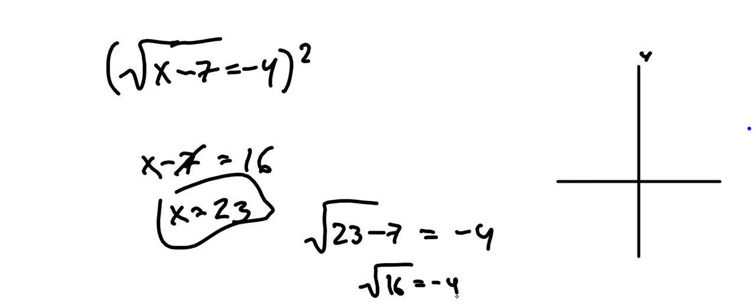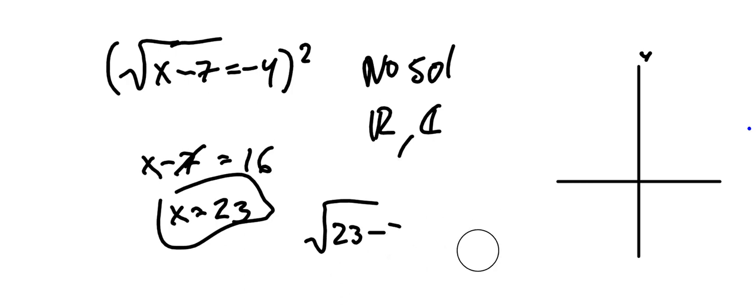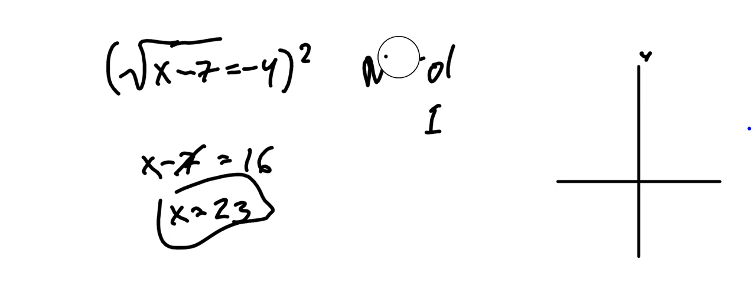But wait, this is wrong because square roots can't produce negative values. So this means that this has no solution. In fact, it has no solution in the set of real numbers and in the set of complex numbers. So this equation has no solution at all, no matter what numbers we use.